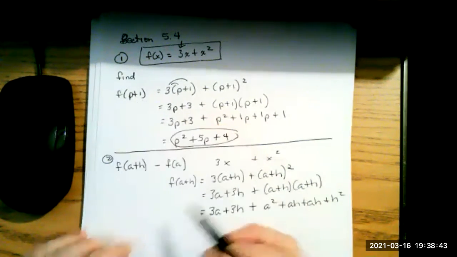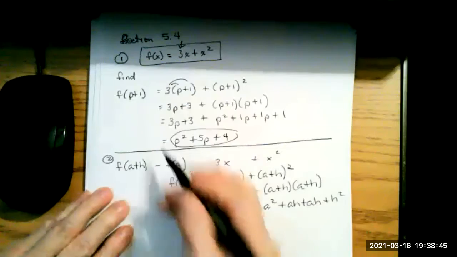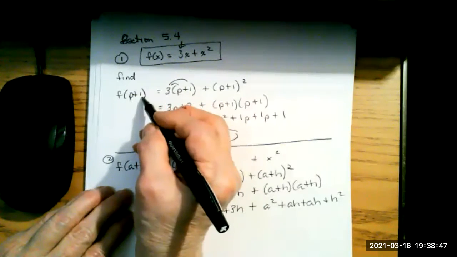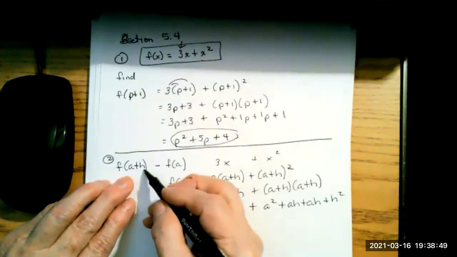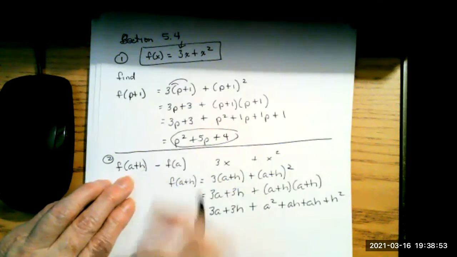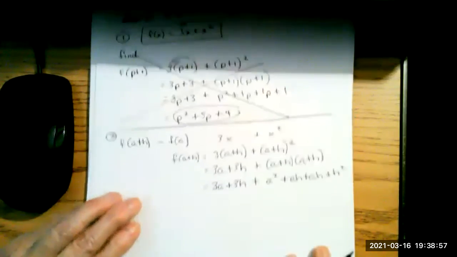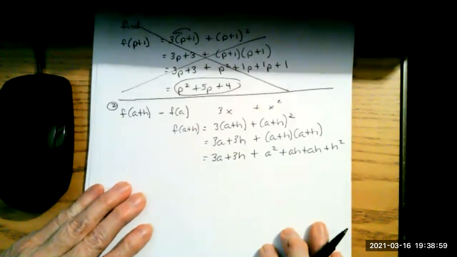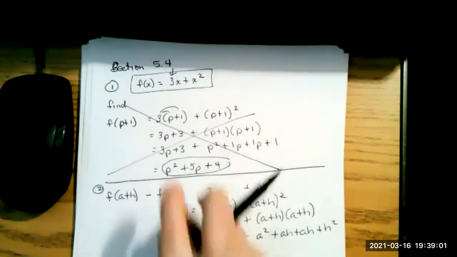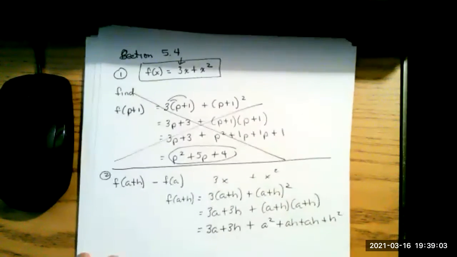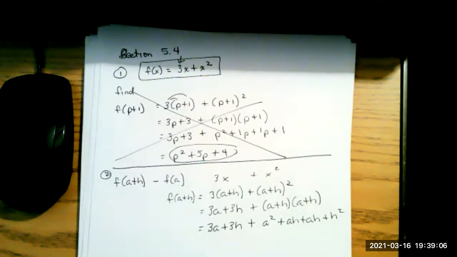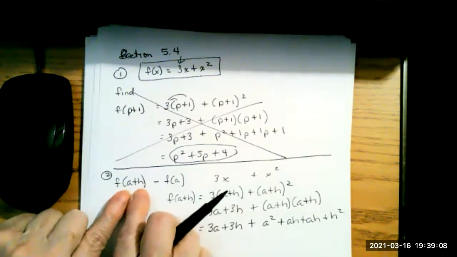It's a new problem. This is like just the p plus 1, except now it's a plus h you're putting in there. So just don't think about that up there. This is like a brand new problem we're working here. And we're using the 3x plus x squared still. That's the main function. But we're putting in a plus h.